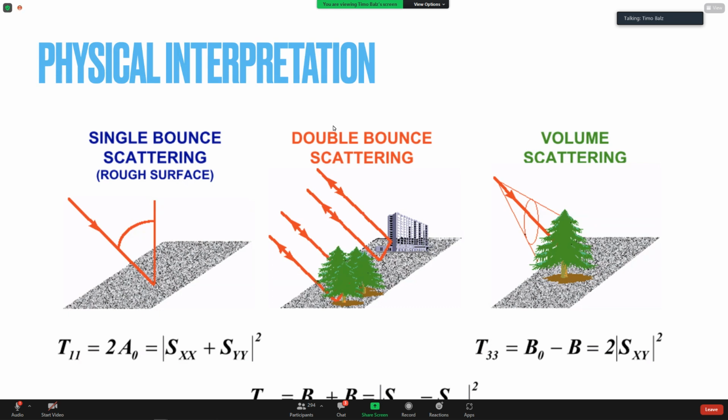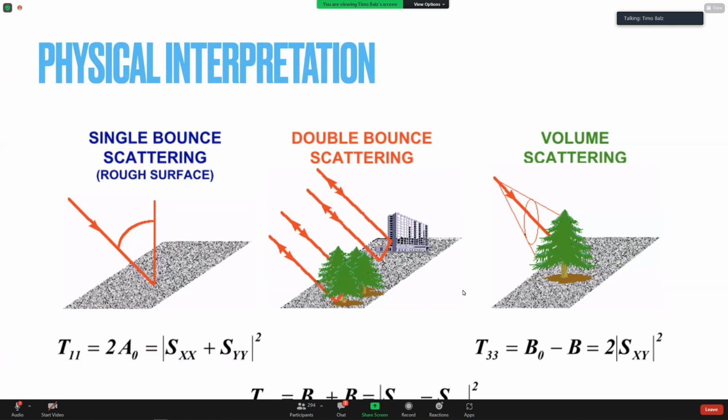by analyzing the polarimetric data. For example, one way is with the Pauli matrix, where if we add HH and VV, that will be very strong backscattering, the single bounce if you want.